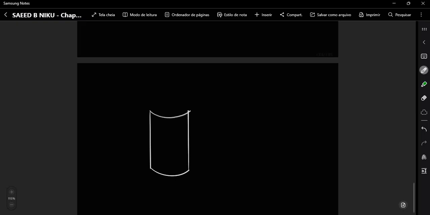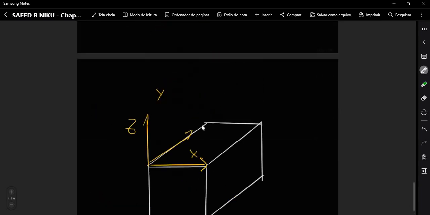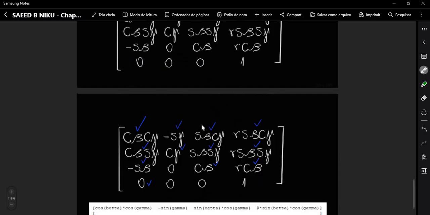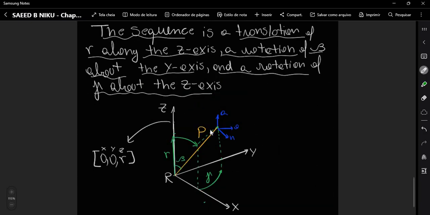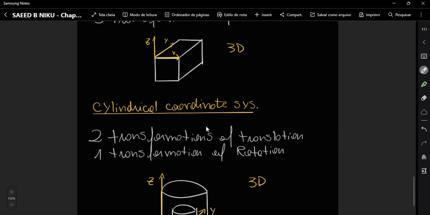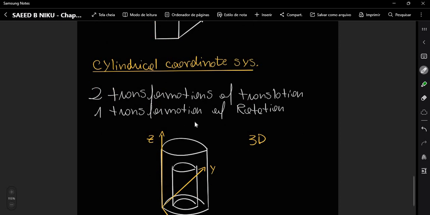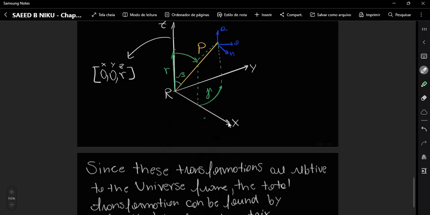Okay. And for the cylindrical one, we can have two transformations of translation and one transformation of rotation.